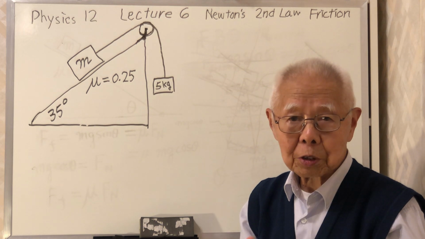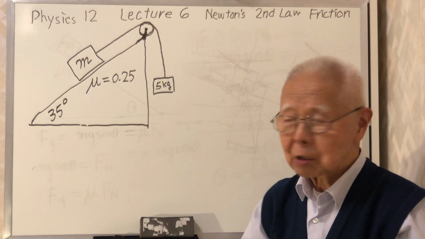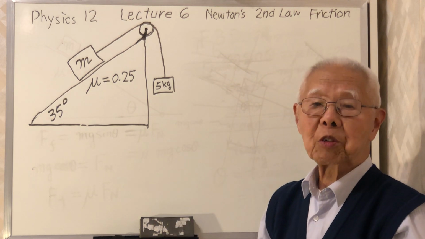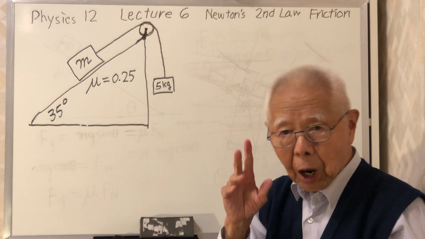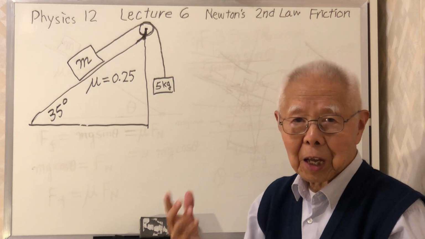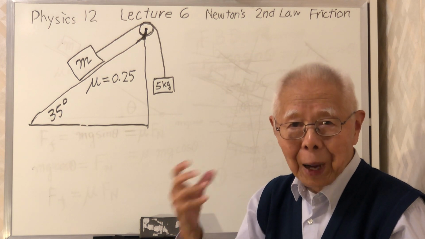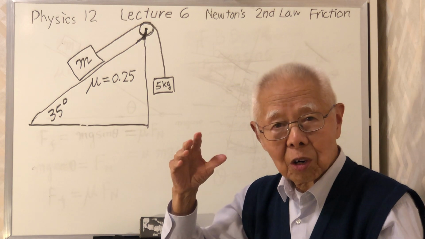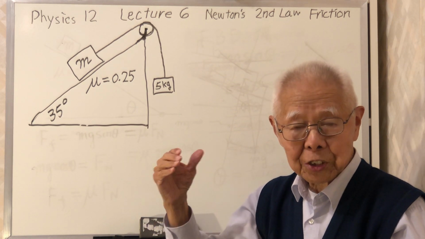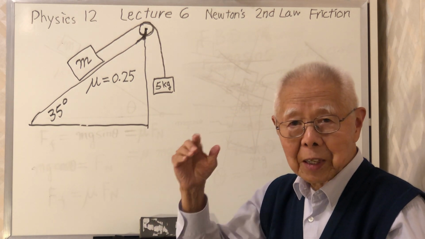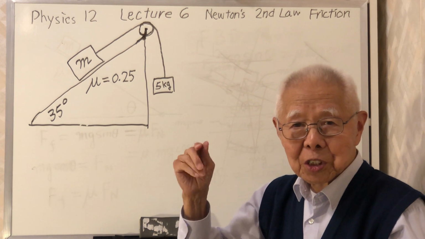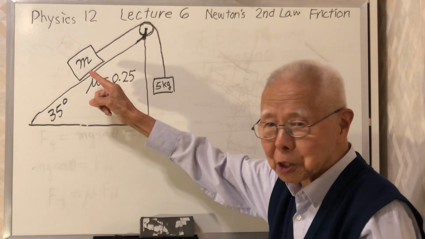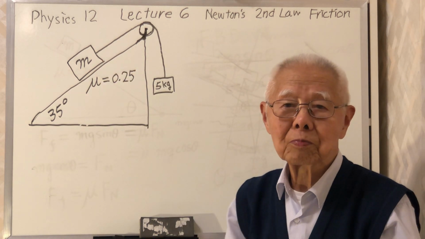Under that situation, what is the mass? What is m? That's what we want to find. Remember, this m is the largest mass such that everything is still at rest. But when that mass increases even a little bit, then this mass will slide down.